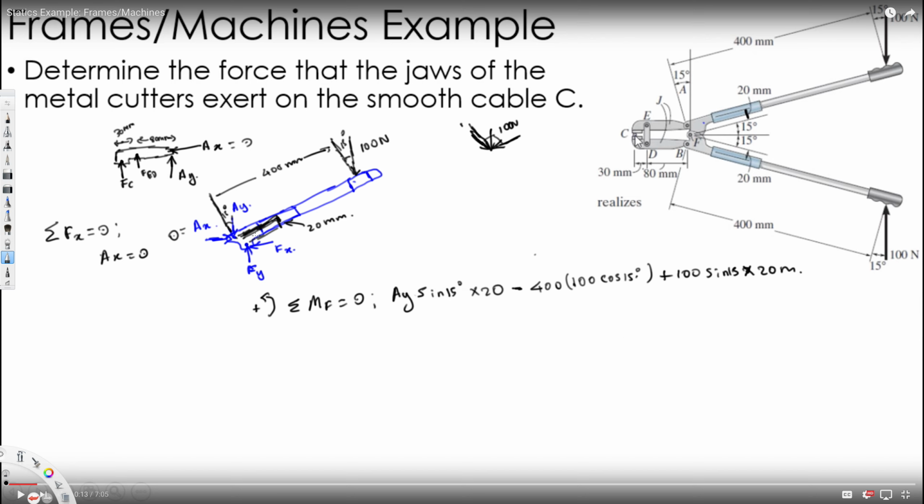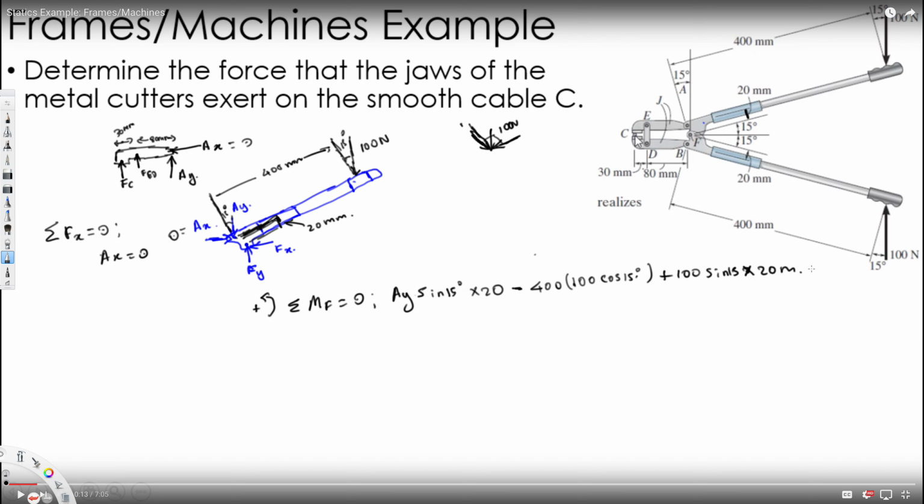Let's make sure we got all the directions right. This is pulling this object counterclockwise, so we got it positive, and this is pushing this object down, so it's clockwise, therefore negative, and the sine 15 is pulling this object counterclockwise, therefore positive.